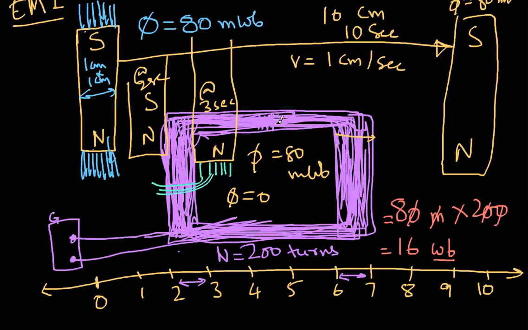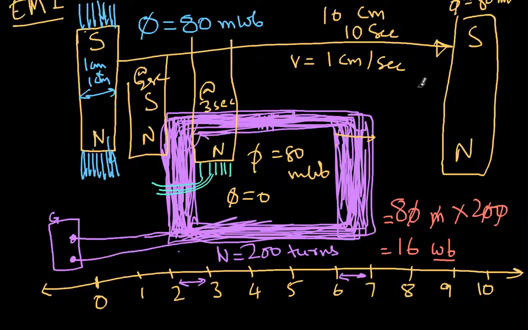The in-between part of the coil does not matter because we are only considering the experiment where the magnetic field is cutting the left part and the right part of the coil. The magnet starts from position 0 and moves gradually towards position 10 on the right side.